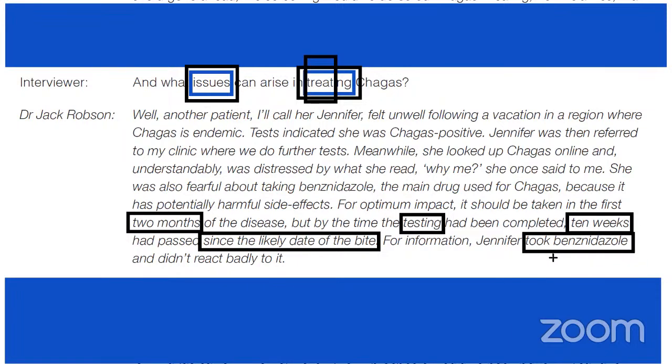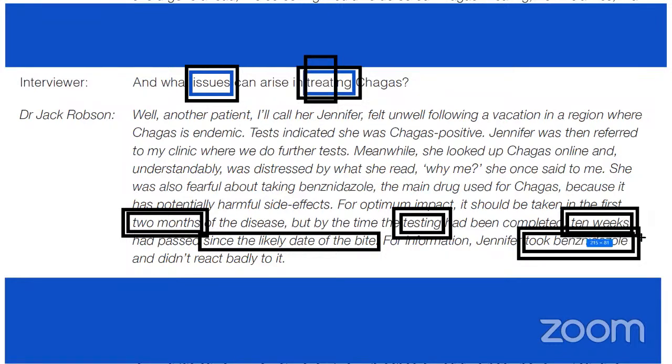Benzimidazole is treatment. And from testing to treatment, treatment should be within 2 months. That means 8 weeks. But now it crossed that required effective period and has reached 10 weeks. So there is a delay, too much delay. The sooner the better. But 10 weeks passed, so there's a lot of delay. That's what he's telling here.